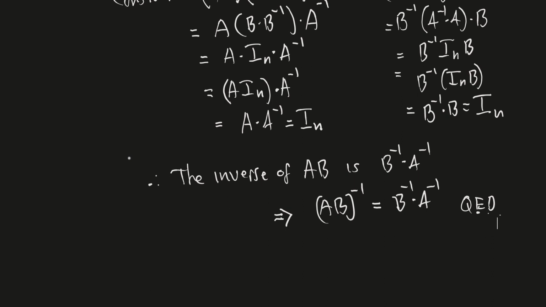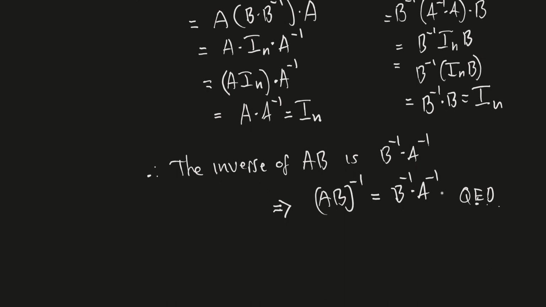Now, as I mentioned, there is a version of this for real numbers. So for real numbers, basically, it's this. If x and y are real numbers and neither of them are 0, and that's the condition for finding the multiplicative inverse of a real number.